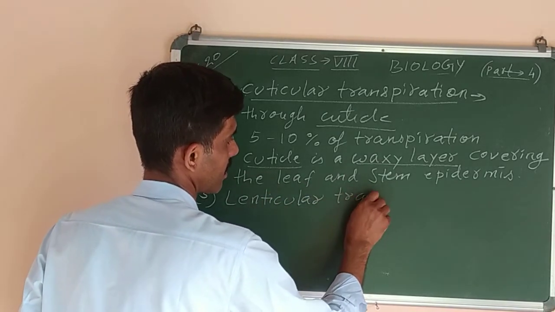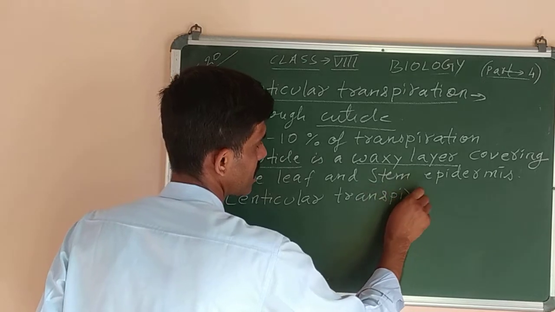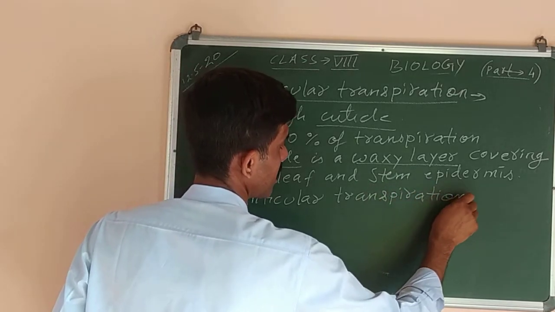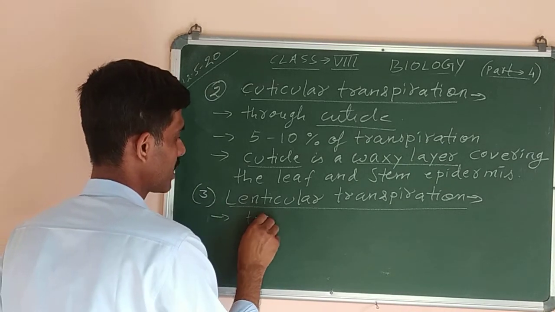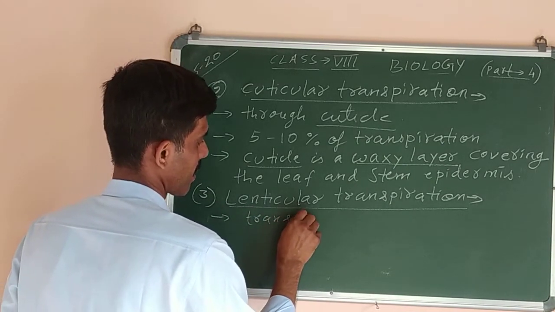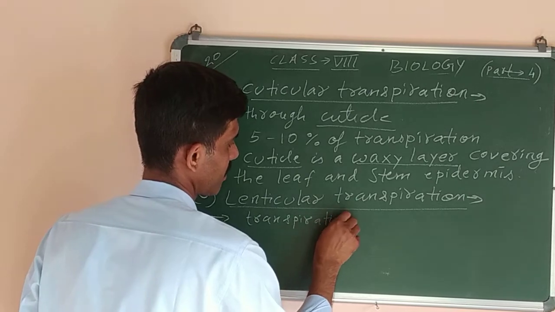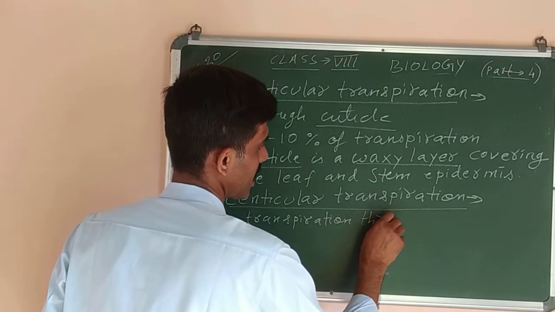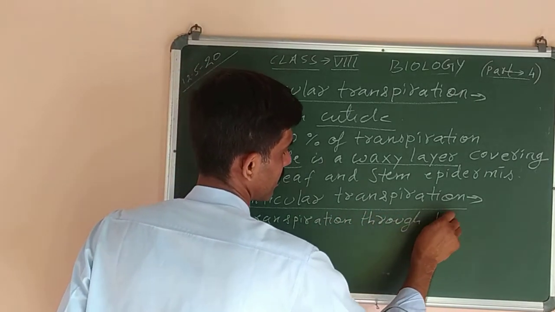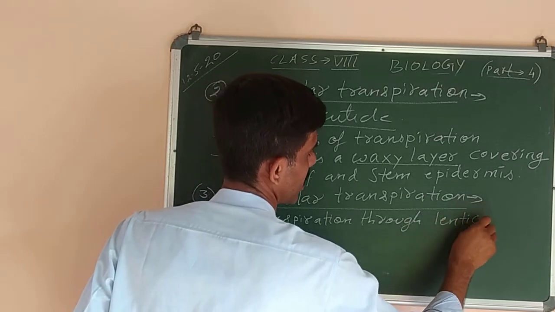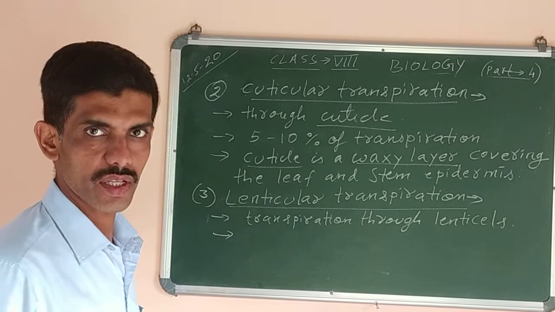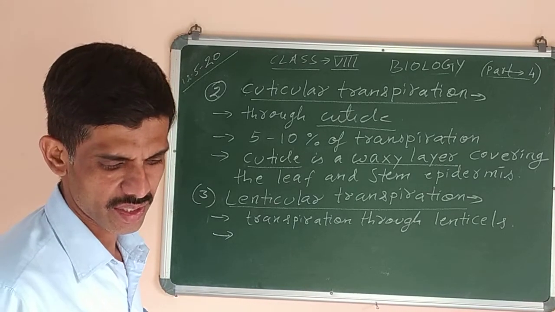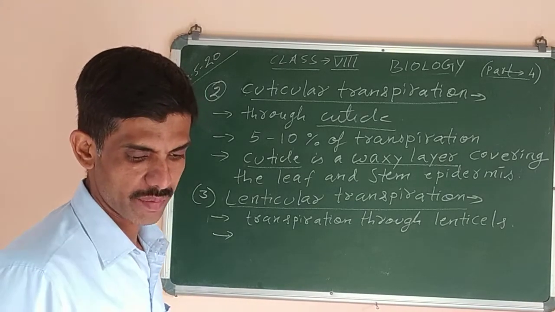Lenticular transpiration means here the transpiration occurs through lenticels. Transpiration through the lenticels is called lenticular transpiration. Now what is the percentage of transpiration which occurs? 0.1. It's very less. It's almost negligible.